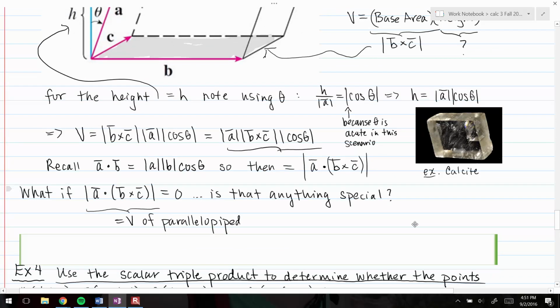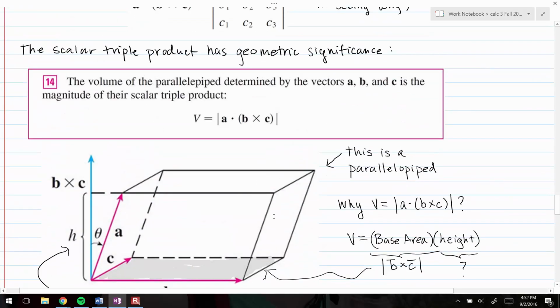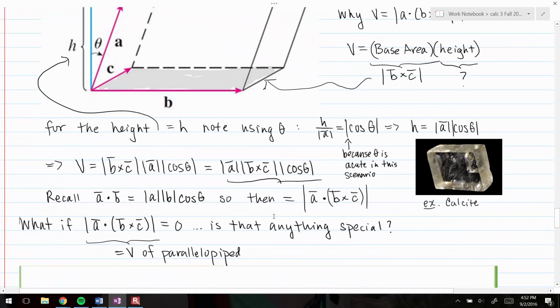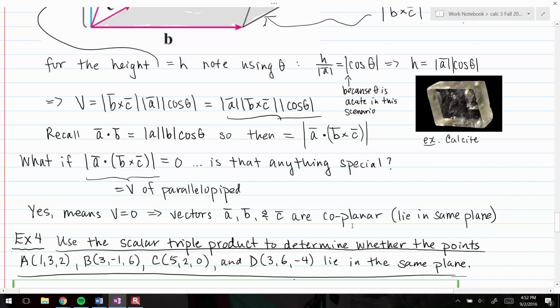Here's another question. What if the value of the volume of a parallelepiped, or the scalar triple product, sorry, I had to think about the order of those words, is 0? Is that anything special or not? When the volume is 0, that's kind of special, right? It means that it doesn't actually have volume, or there's not enough dimensions to account for that. So we can come to that conclusion here.